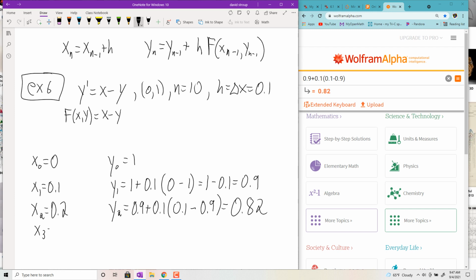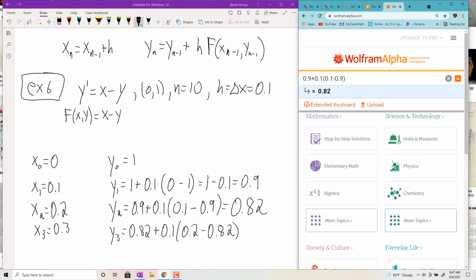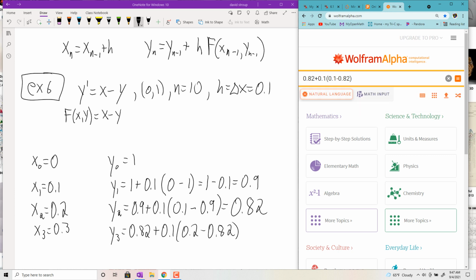x sub 3 is 0.3, and y sub 3 is 0.82 plus 0.1 times 0.2 minus 0.82. I just want to make sure I'm on target. Yeah. Okay, and I think we can just edit these, 0.82, and this one's 0.2.